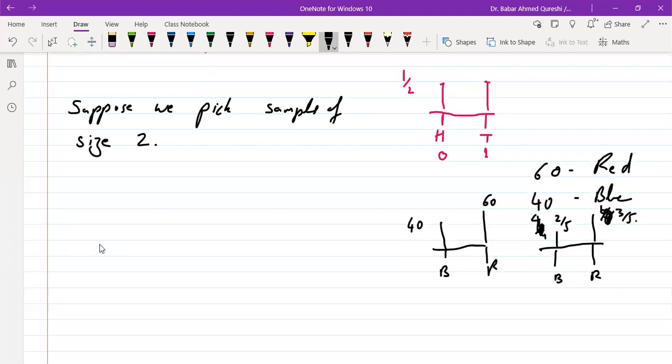So the numbers were 2, 4, 6, 6, 7, 8. Now, first of all, what are my variables? Now I have a pair of variables. I pick one, and then I pick another one. I have two random variables because I make a sample of two things.